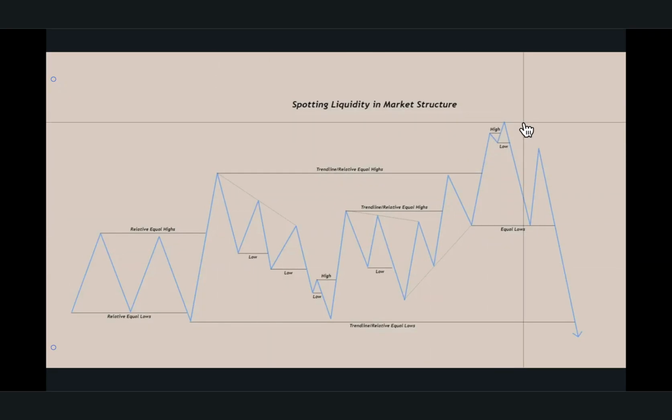Every high and every low in the market is liquidity. And so think of each high and low as a magnet for price. The more highs and the more lows you have stacked on top of each other, the greater force they become, and they will be magnetized until they are traded into.